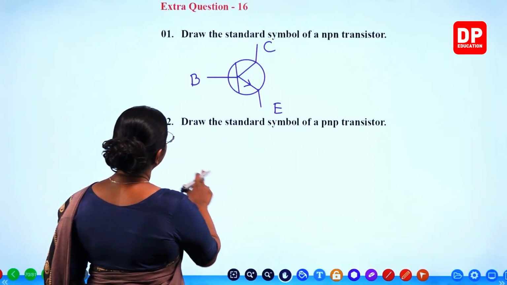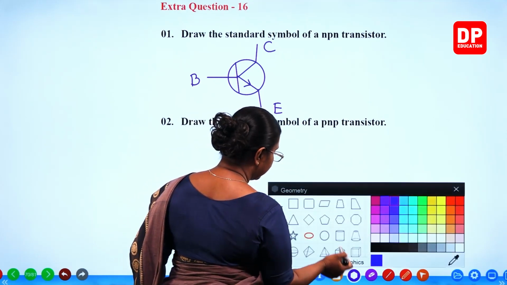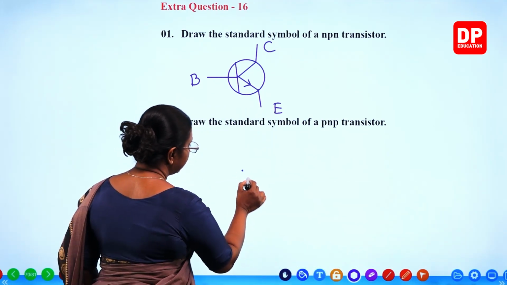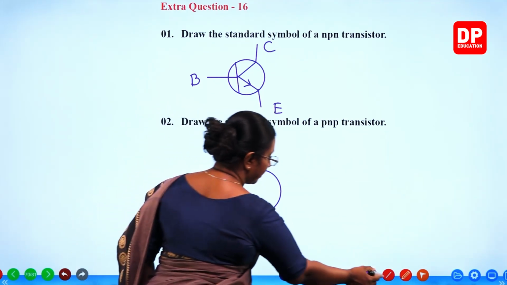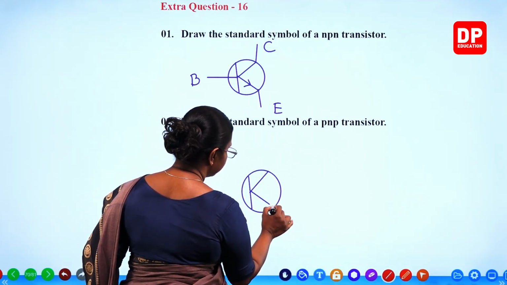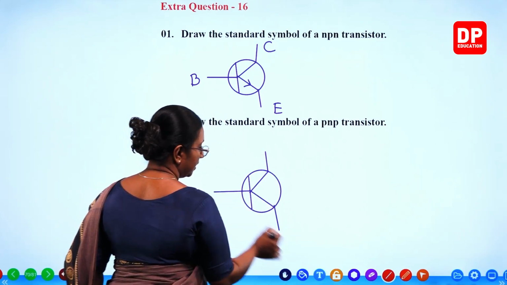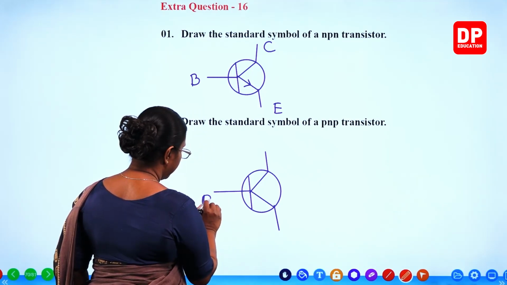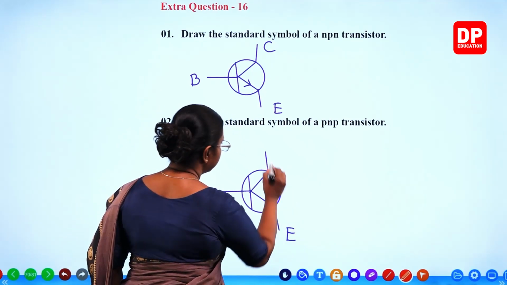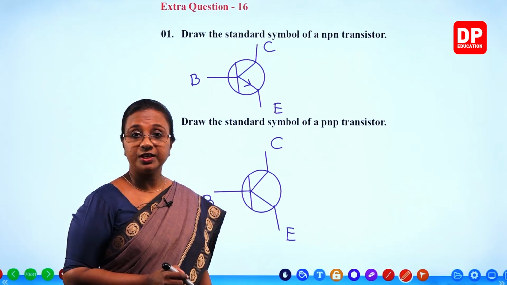The next one, draw the standard symbol of a PNP transistor. So that is the other type. Again, like I told you all, the basic structure is the same. We have the base and the two terminals: base, emitter, collector. Then how do we indicate the direction of the current flow?